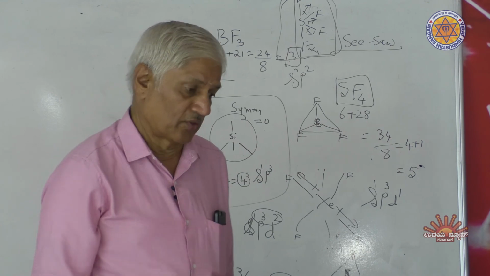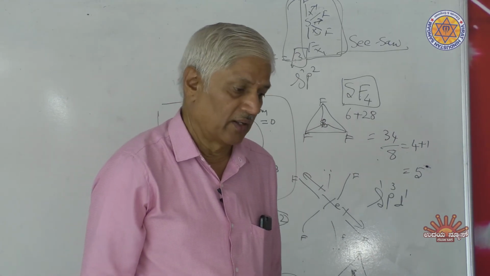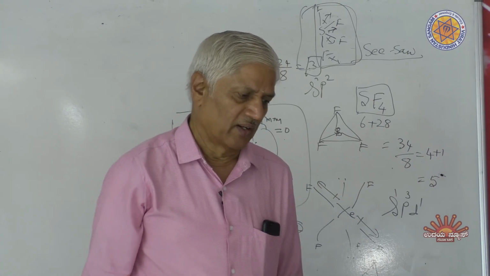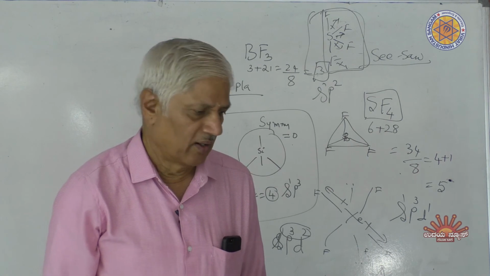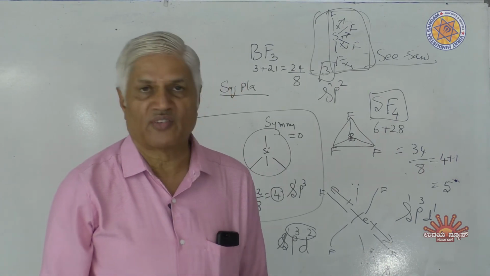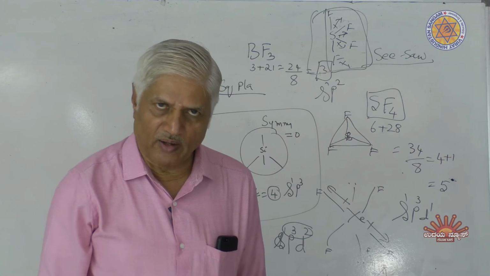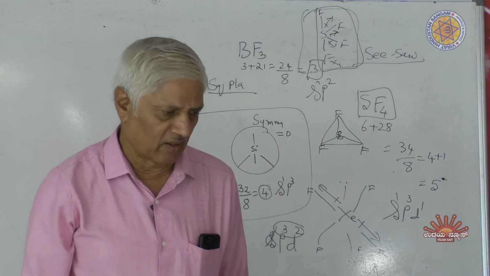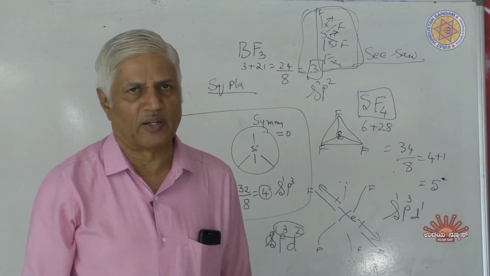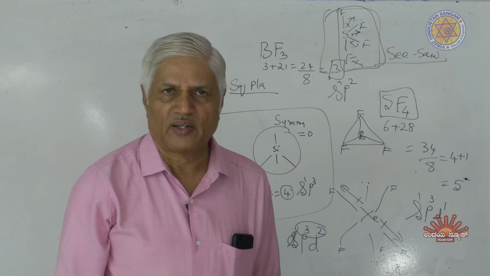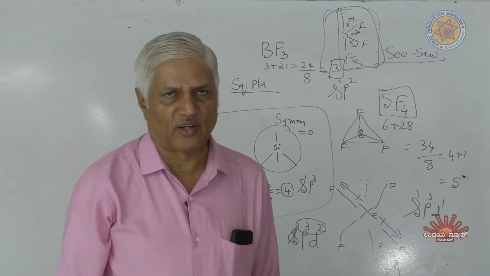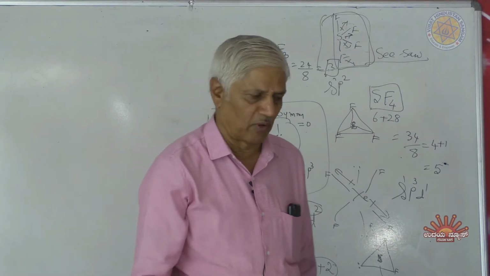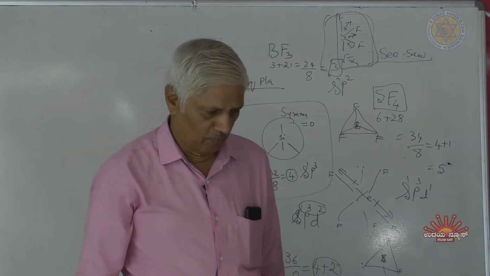So that is a question you must attentively follow and think over what I said. SiF4, tetrahedral molecule, symmetric. XeF4, square planar, symmetric. BF3, trigonal planar molecule, symmetric. All symmetric molecules have dipole moment 0. SF4 is a seesaw shaped molecule. Seesaw shaped molecules are not symmetric, they possess a dipole moment, and that is the polar molecule.